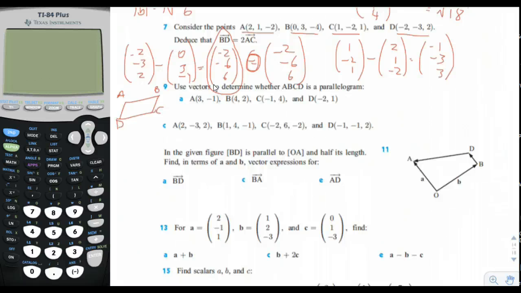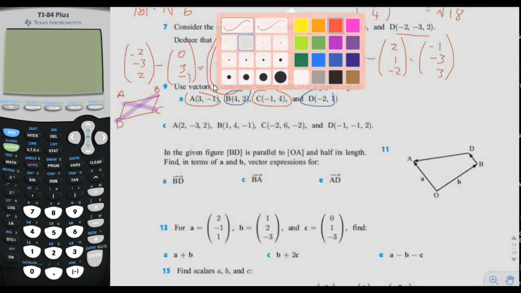Maybe the easiest way is to do what they asked us to verify at the end, where we said, take the midpoints of the two diagonals and see if they're the same. And if they are, that means that it's a parallelogram. So why don't we do that? We'll take the midpoint of AC, and we'll take the midpoint of BD. And if we get the same coordinates, then we'll say it's okay.